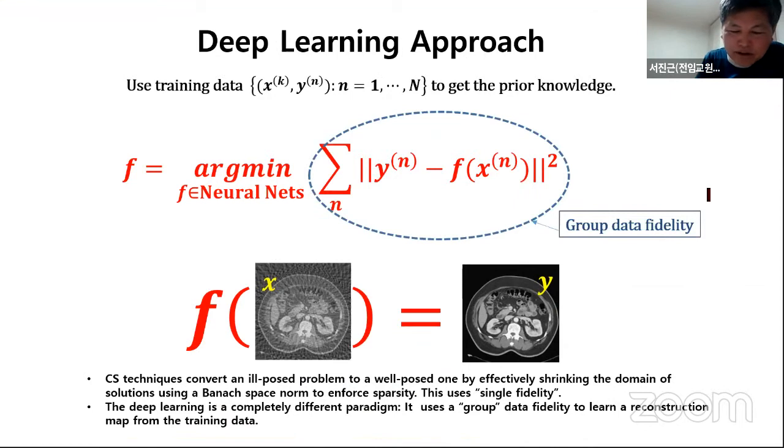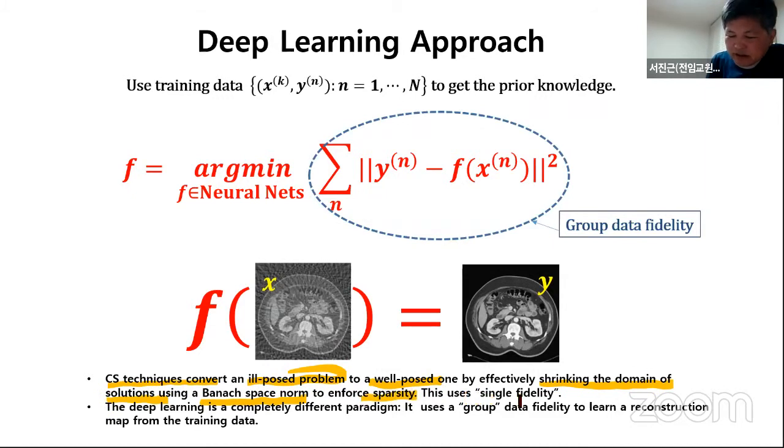The deep learning approach is just maybe less than 4 or 5 years old, the baby stage actually. Here, this is a completely different paradigm. The CS approach converts the ill-posed problem to a well-posed one by effectively shrinking the domain of the solution, using a Banach space norm to enforce the sparsity.